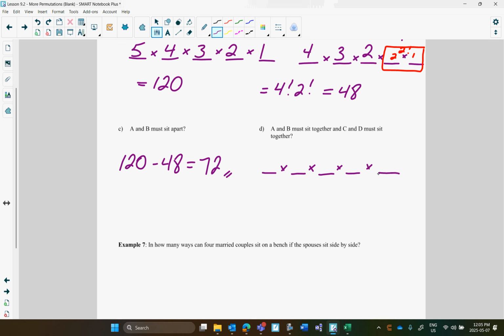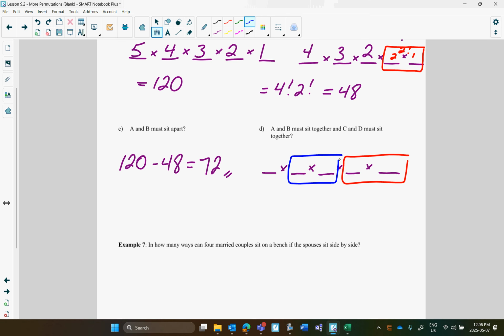But now I have to take 2 of the seats for A and B, right? And then I have to take another 2 of the seats for C and D. So let's say we're going to put A and B here, and we're going to put C and D here.